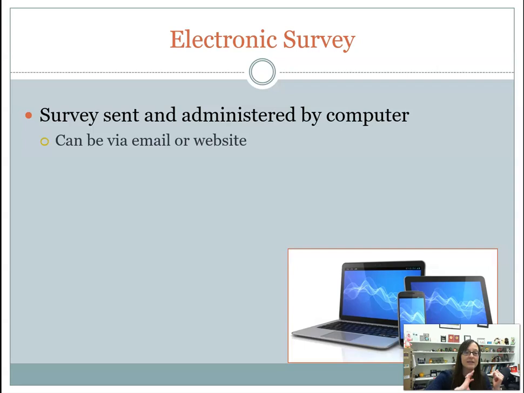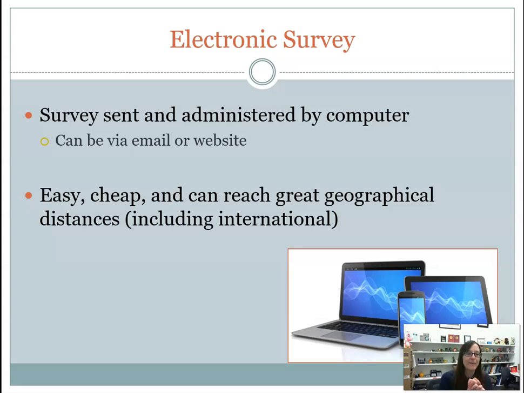But the survey is delivered online, through your computer or your tablet or whatever, and then it's also administered that way. And so it's easy, it's cheap, it can reach really large geographical distances, including internationally, very easily. And as the image shows, this can be completed on computers or tablets or phones. There are so many possibilities to help increase these response rates.